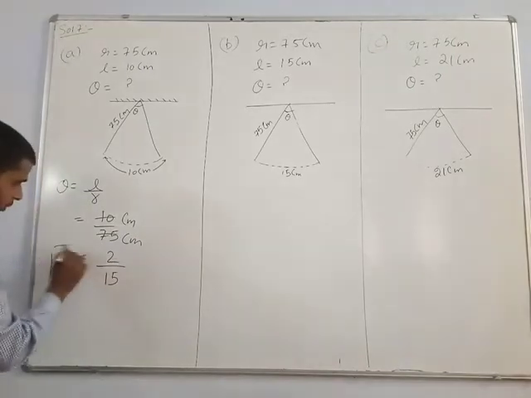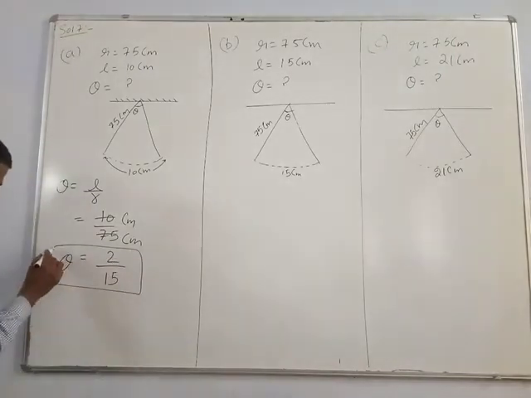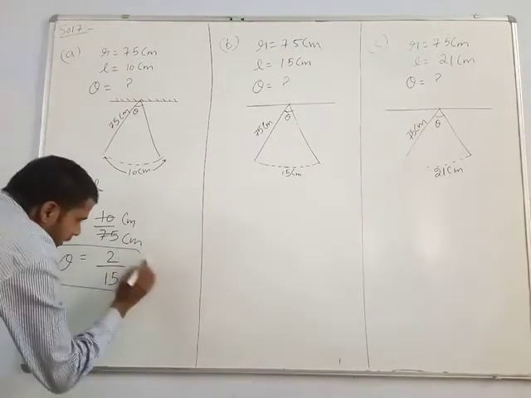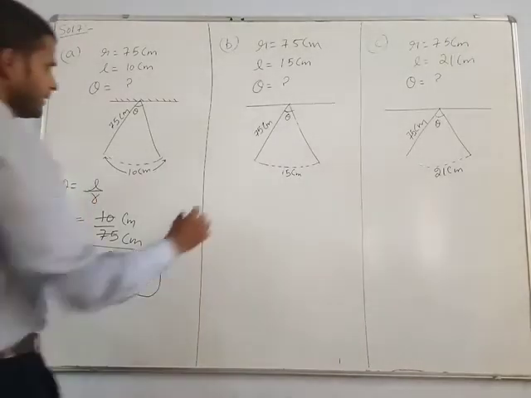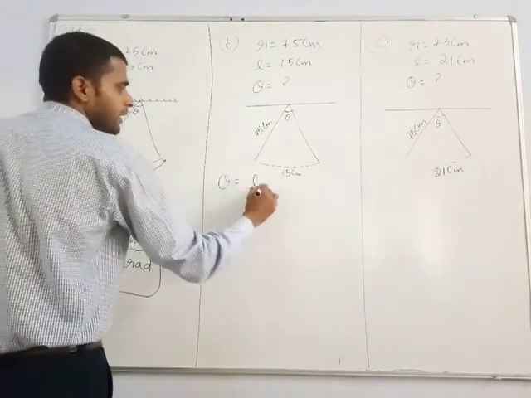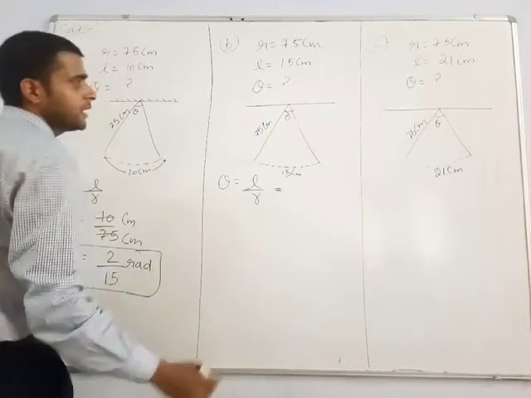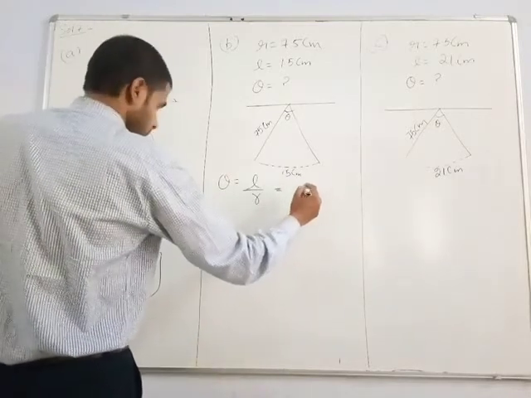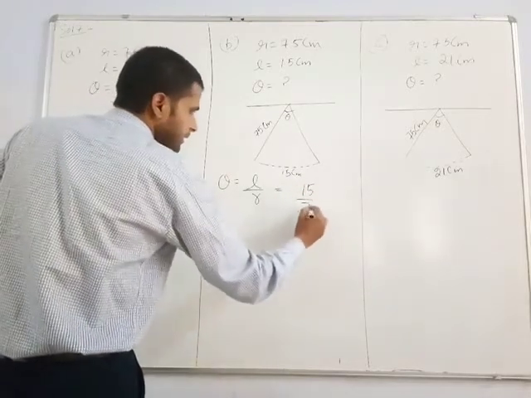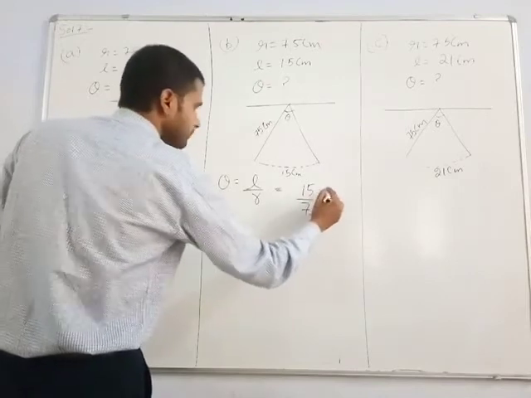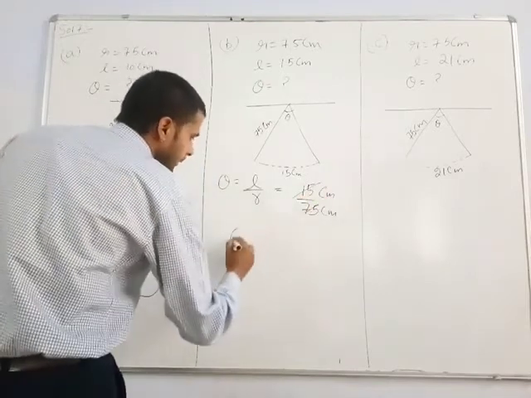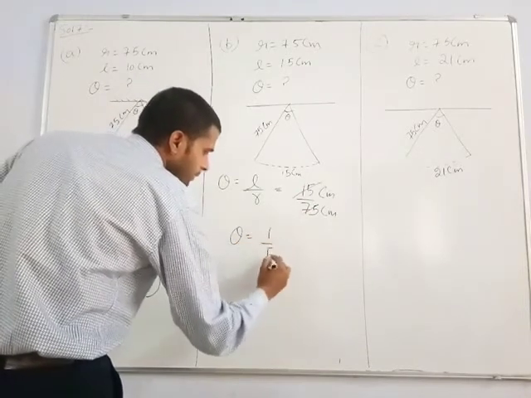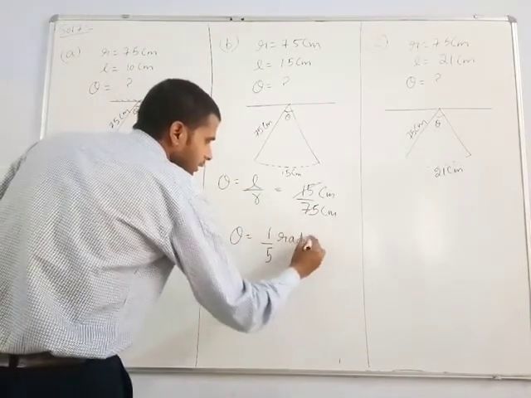So theta equal to 2 upon 15 radians, right? Then the second part, theta equal to L upon R. L is how much? 15. R is 75 centimeters. 15 fives are 75. So theta equal to 1 upon 5 radians.